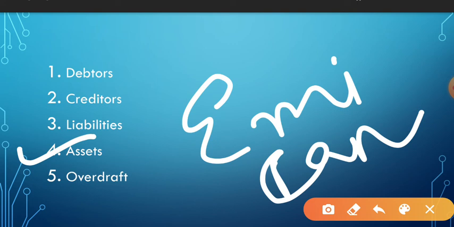Like if I talk about simple things, I will talk about my home, then I can say gold is my asset. If I have my own home, the building is my asset, right? If I have a Xerox machine, then it is my asset. I have a laptop, this is my asset. Okay, so these are all assets. And one thing more: some assets you can see and sometimes we cannot see.